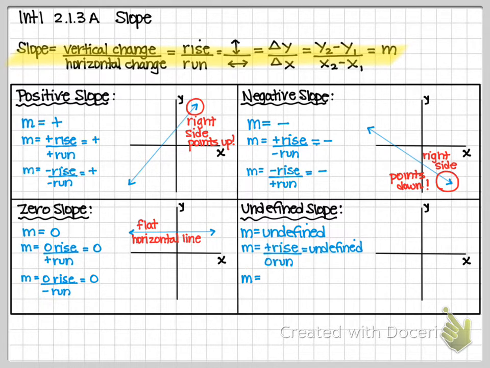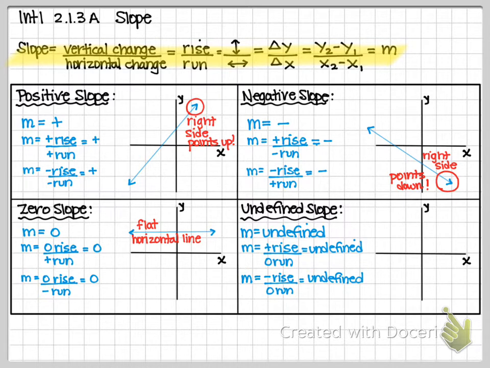Remember that division is just a fancy way to do multiplication. And if we want to do 0 times something to get a positive number, that's not possible. Likewise, if we're trying to get a negative number, let's say we have a negative rise over a 0 run, well, that still can't be done. That's going to be undefined as well.